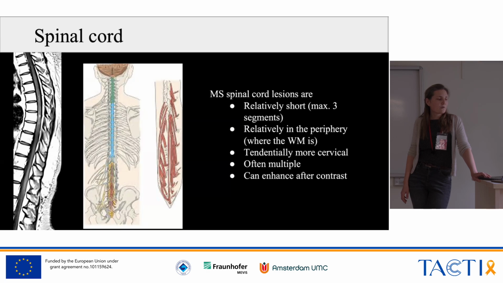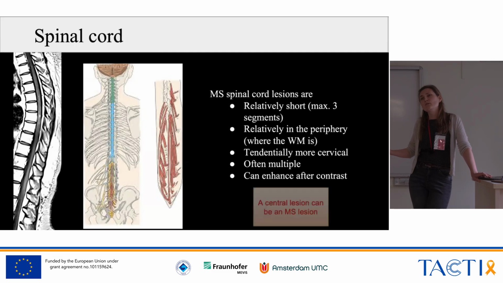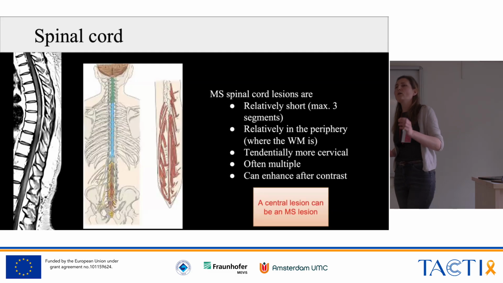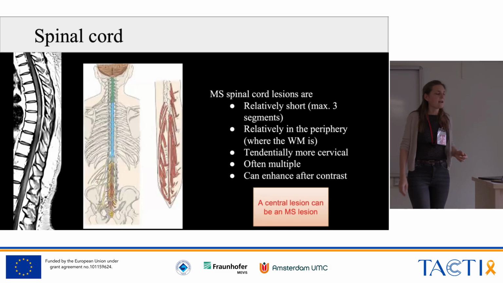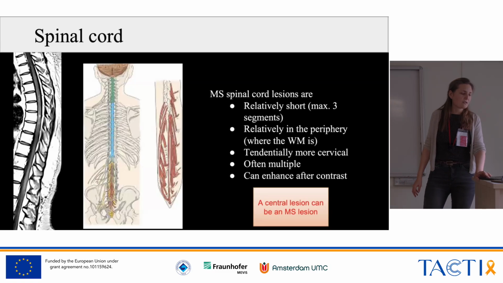And of course, the same as in the brain, we have to differentiate active from non-active lesions. I must say that contrast agent is more helpful in the spine than in the brain, just because the lesions are so small. Very often you have confluent lesions, lesions that add up into each other, and then for me it's extremely difficult to find the active lesion in such a conundrum.